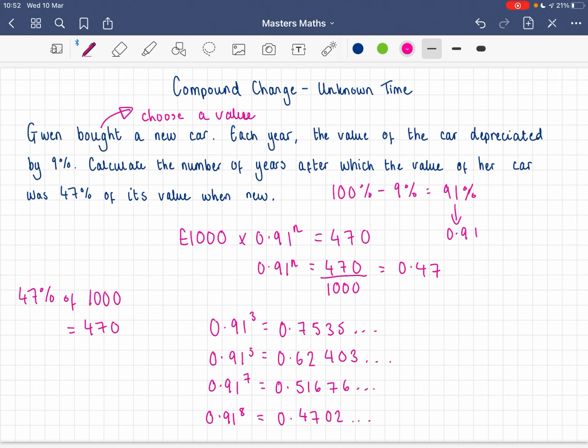So again, we could check that. You could put that 8 back into this equation and just double check it if you wanted to make sure you're getting it correctly. But the answer is 8 years. It takes 8 years for the car to be 47% of its original value when new.